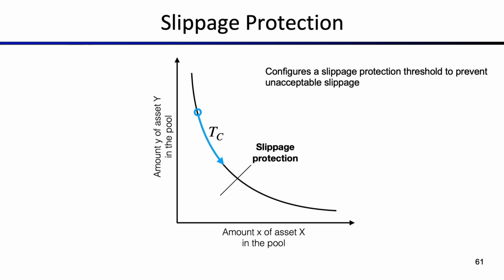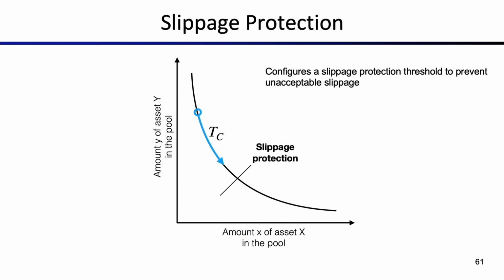What's really important, however, is that you want to configure a slippage protection to prevent any unacceptable slippage that you might be exposed to. I guess the closest analogy would be a limit order. In a limit order book, you say I'm willing to pay at most the following price.